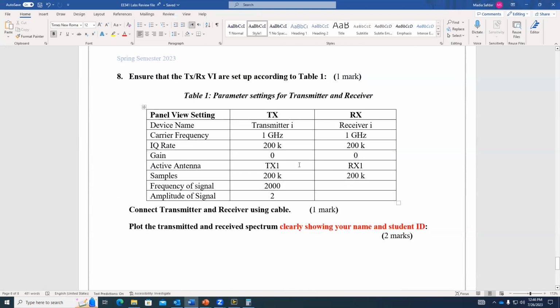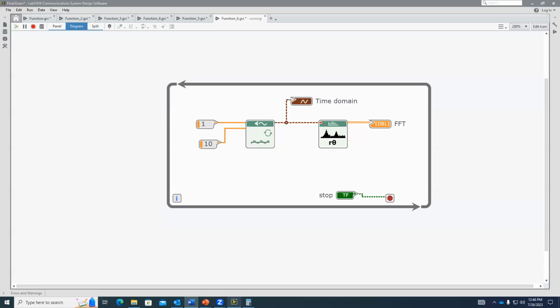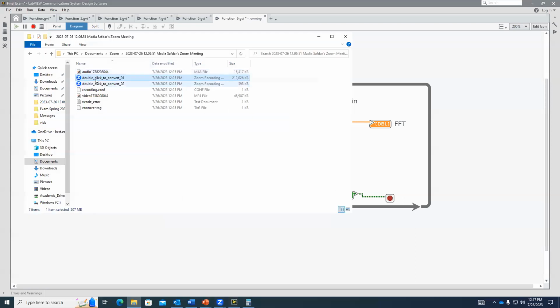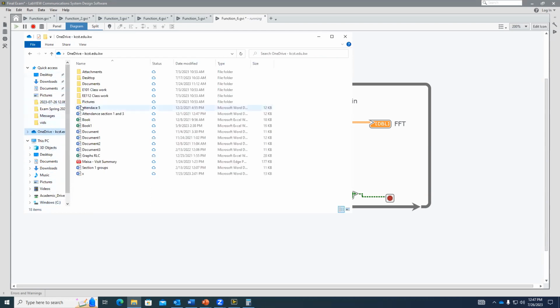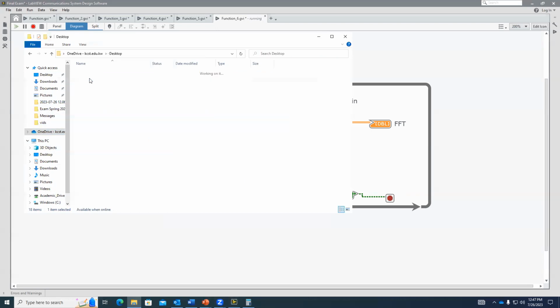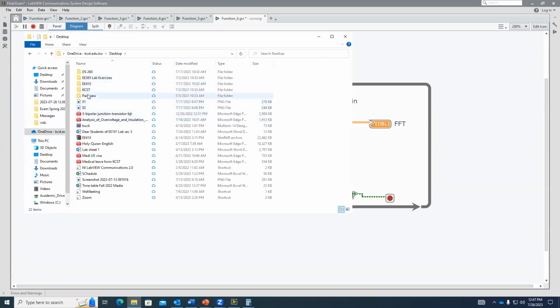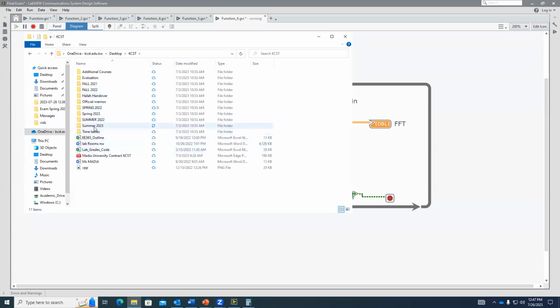Now for lab number 5, I have already uploaded the USRP on the Moodle. So you will download that. Then you will go to this, this is USRP.